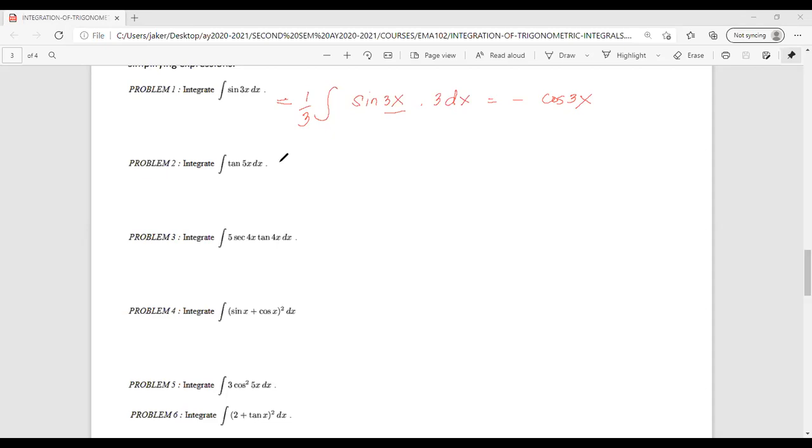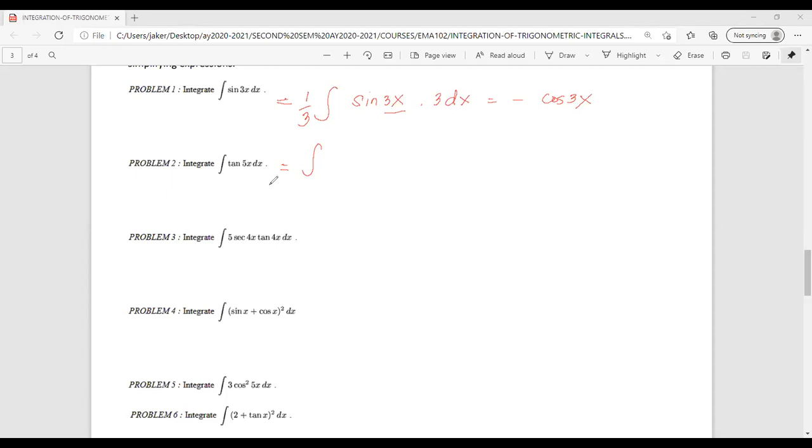Now we go to this one, the tangent. I will be asking some of you to help me out here. If we integrate the tangent of 5x dx, do we have an outright direct integral of the tangent? No, miss. Correct.